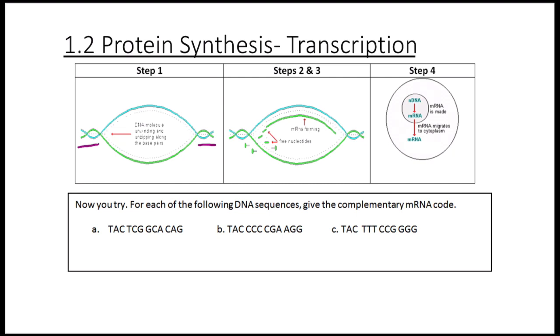And then in step 4, the mRNA leaves the nucleus and enters the cytoplasm. So to kind of give you an overview of this whole process, the nuclear DNA pairs and forms mRNA. That mRNA leaves the nucleus through nuclear pores and migrates to the cytoplasm where proteins are actually made.